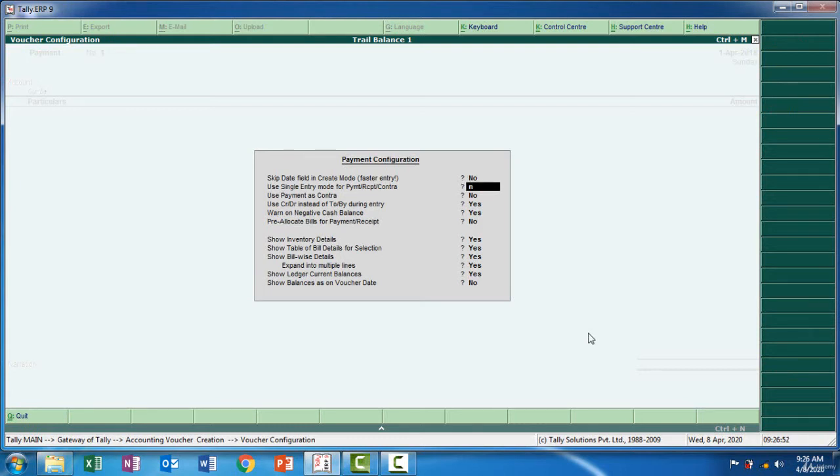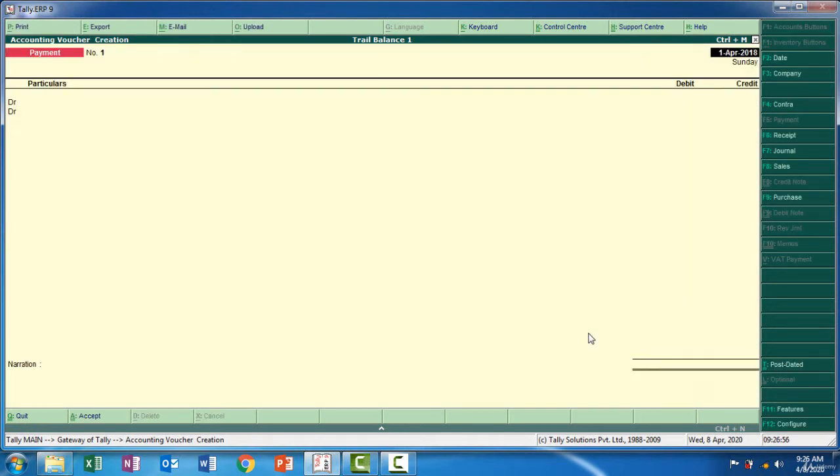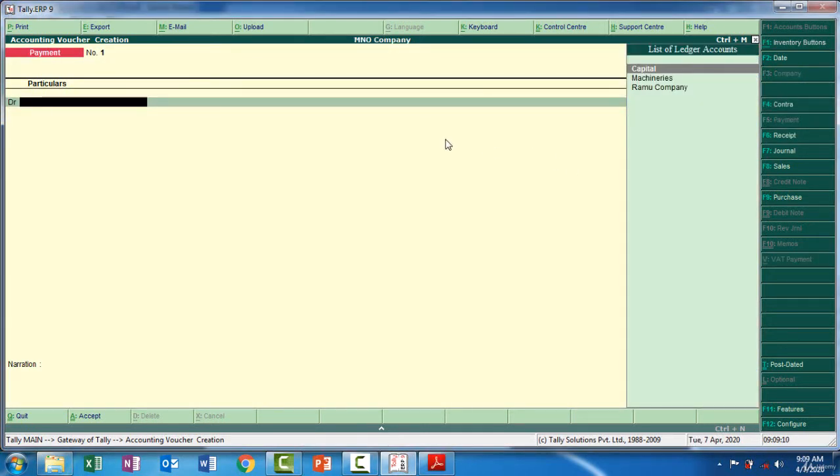I'm going to type No, then Enter. Now you can see that the payment voucher, Contra voucher, and receipt voucher are now in double entry mode. Now the payment voucher is ready, but we have to choose the Contra voucher. If you press the F4 key, the Contra voucher will be activated.